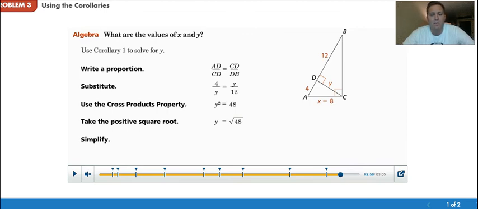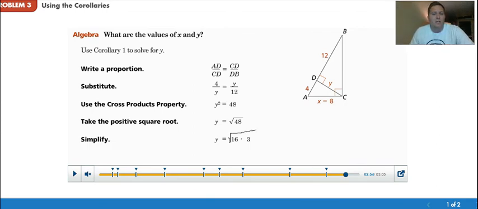I'm going to think about what numbers I can multiply to get 48, just playing around with numbers. These are still under my square root when I'm simplifying, kind of a review of last year.